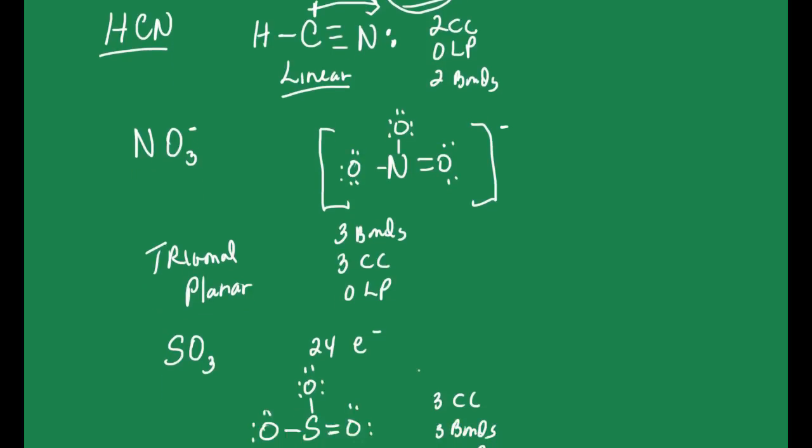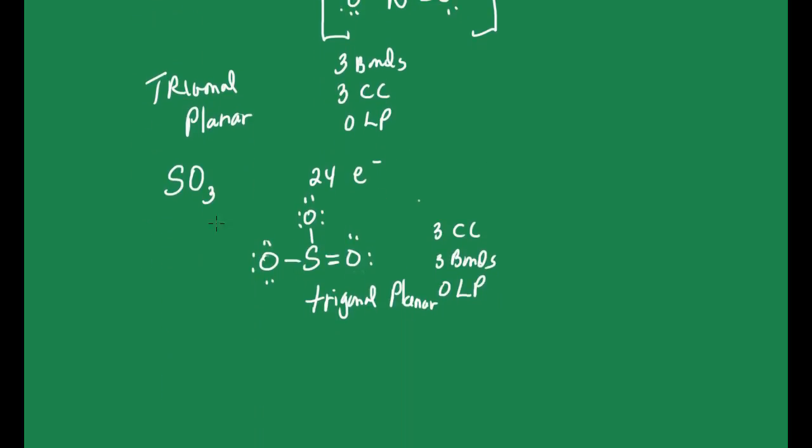Let's take a look at the trigonal planar sulfur trioxide, and remember each of these bonds points towards the corner of an equilateral triangle. So these bond angles are about 120 degrees. So even though these bonds might be polar, what you have here is a non-polar molecule.